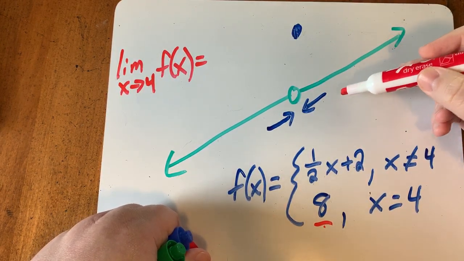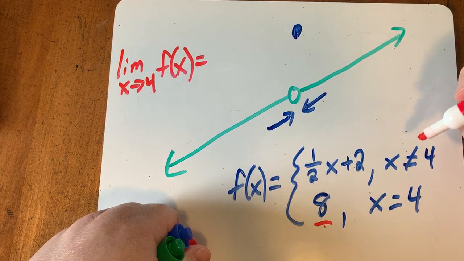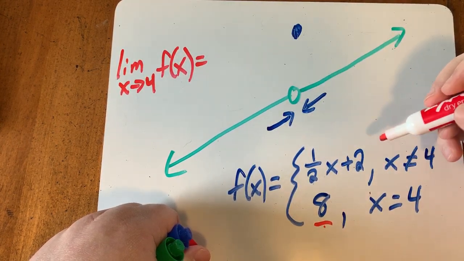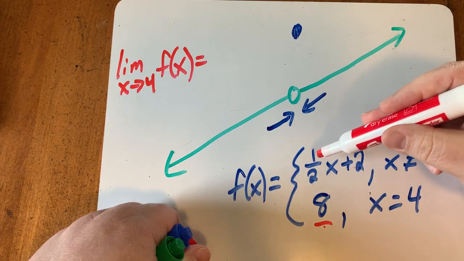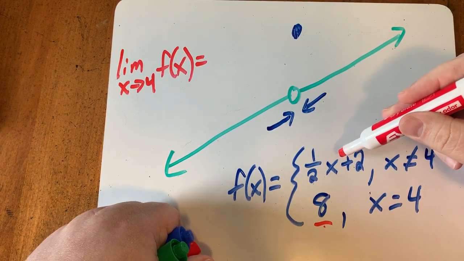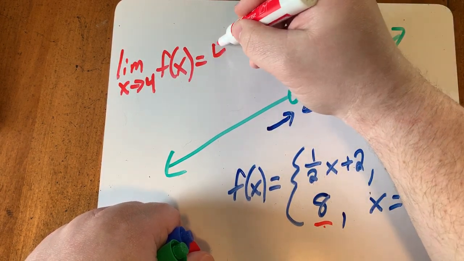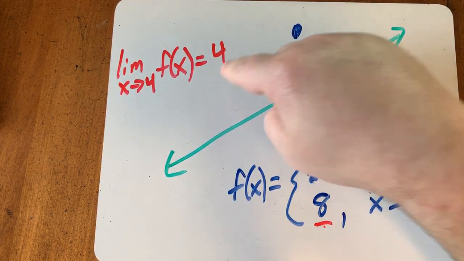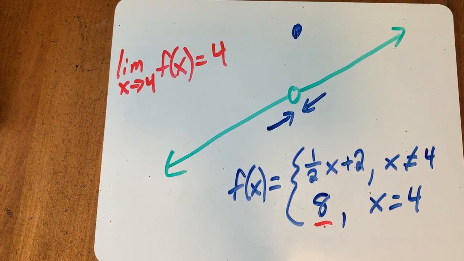The limit, what the function is approaching, what it's getting closer to, is actually this value here, which would be 1/2 times 4, which is 2, plus 2, which is 4. So if this was that function, that will be the limit as x approaches 4.